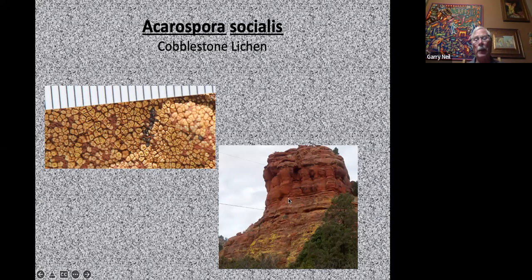It almost looks like a painting on the rock. So every time you see a cliff face with a yellow wall on it, most probably this is the organism you're seeing. And you see how minute they are. So how many do you think it really needs in order to see it so visually, as we see around this area?